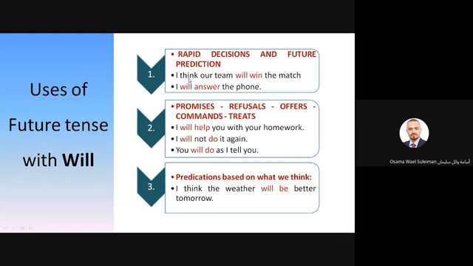In this sentence, we are predicting. بدنا نتنبأ إنه فريقنا راح يفوز بالمباراة. فهنا التنبؤ بالمستقبل راح يكون معاها ال will. I think our team will win the match. Okay. I will answer the phone. رن التليفون، فأنت جاك قرار instant decision, rapid decision. I will answer the phone.